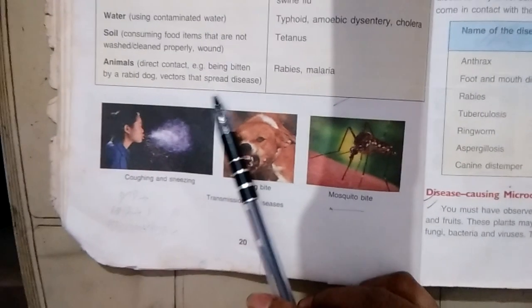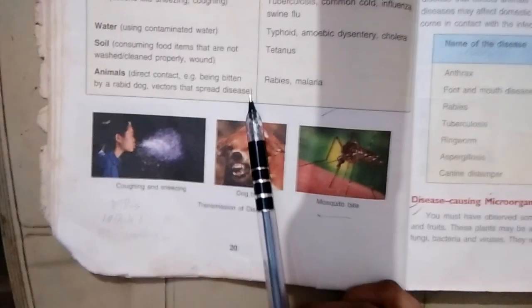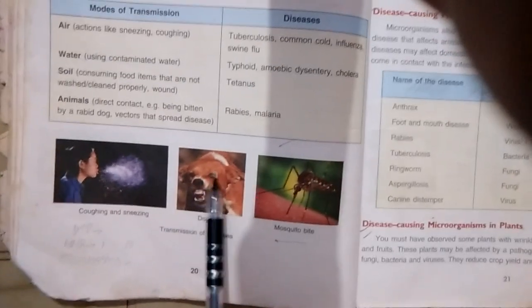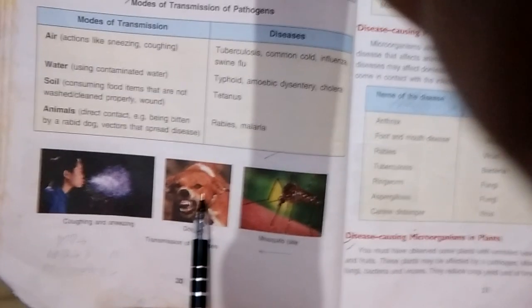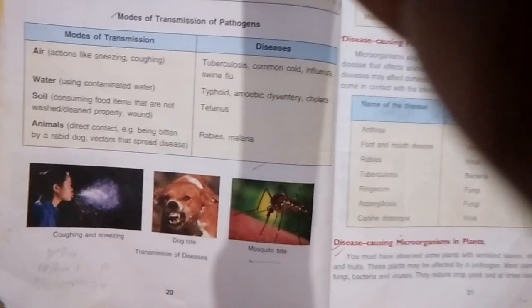Likewise, as for example you are observing the female Anopheles, it is the vector, and this dog is a vector which comes in direct contact with human beings and can spread the disease called rabies, and malaria.